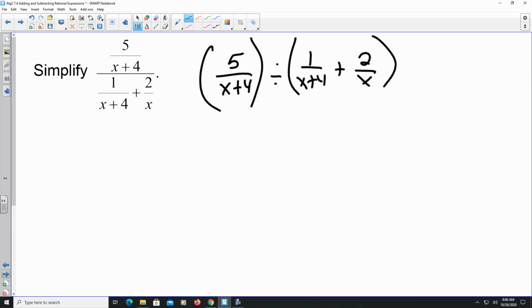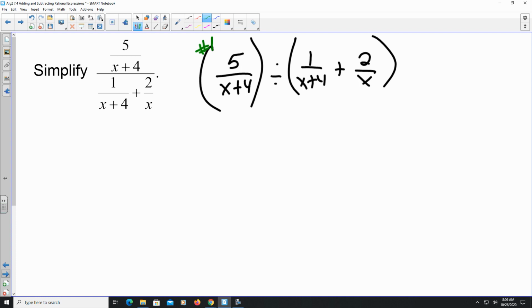Our goal in this instance is to get one fraction on each side of that division symbol. In this first set of parentheses, I have one fraction, 5 over x plus 4. I don't have to do anything with that one at the moment.